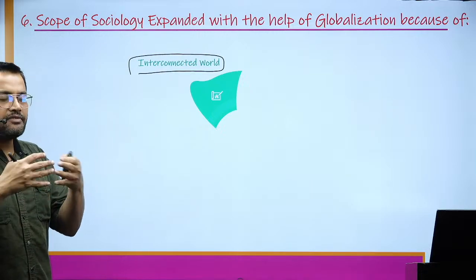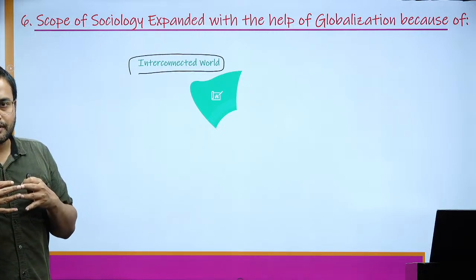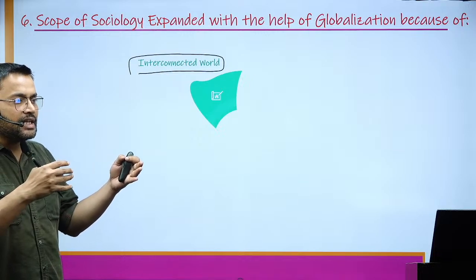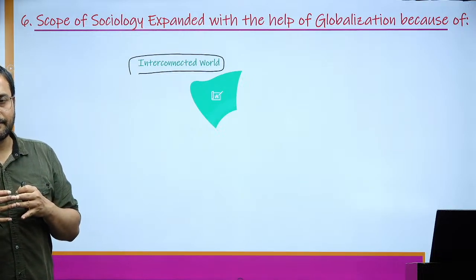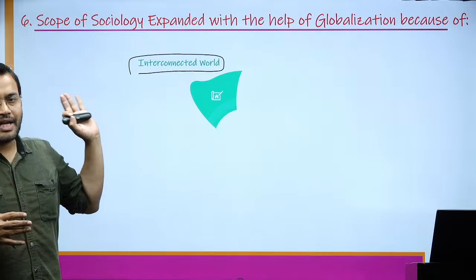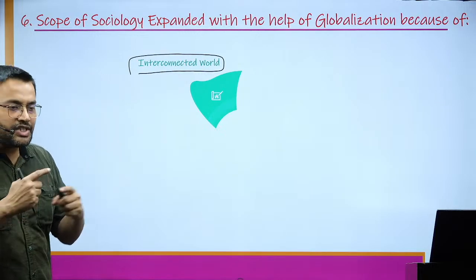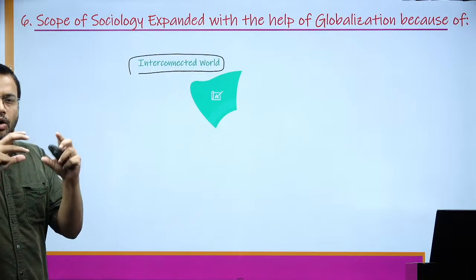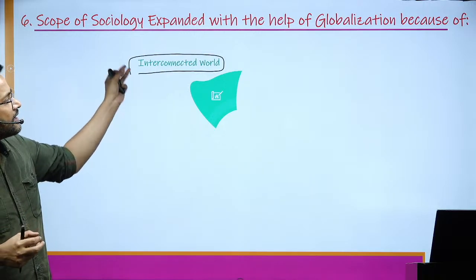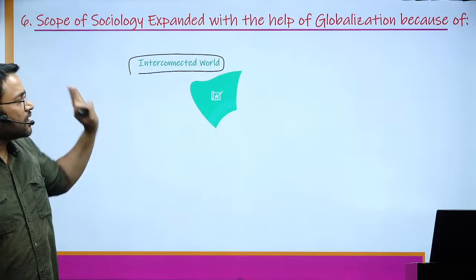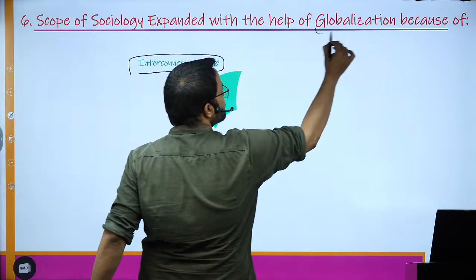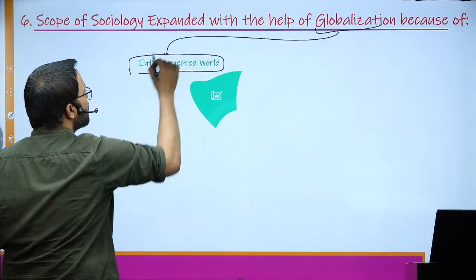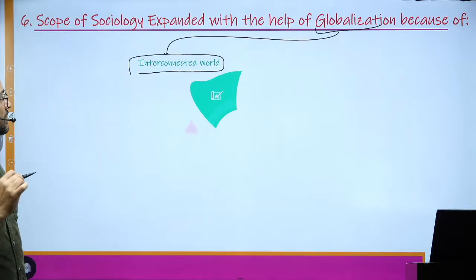Just like we have McDonald's burgers here, and Indo-Western clothes trends here. This leads to a change in human to human interaction, their living pattern and dining pattern are changing, and how humans behave comes under the domain of sociology. So because of globalization, the scope of sociology further deepens and broadens because of the interconnected world.